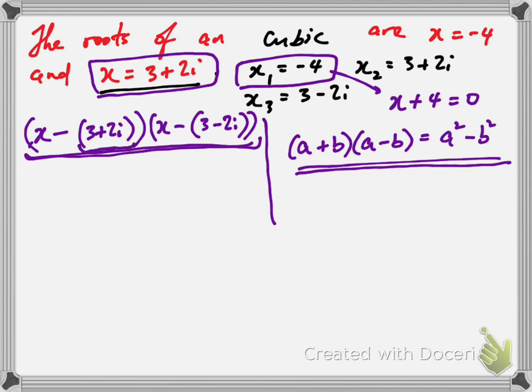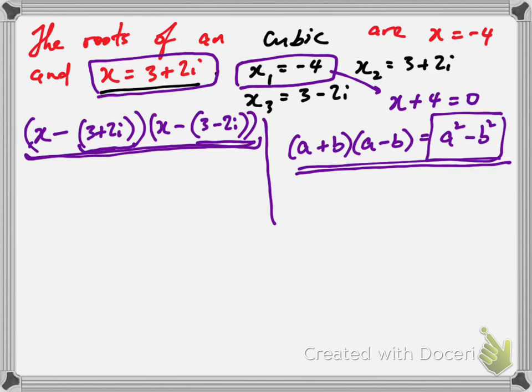But when you multiply 3 plus 2i times 3 minus 2i, you can just use the difference of squares. So if I multiply x with x, I get x squared. Then I multiply x with 3 minus 2i.